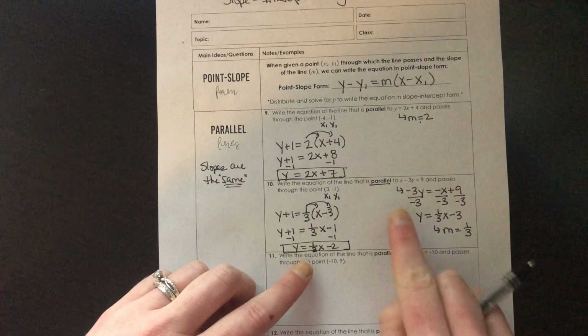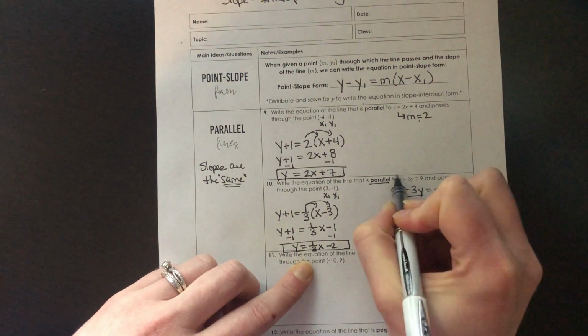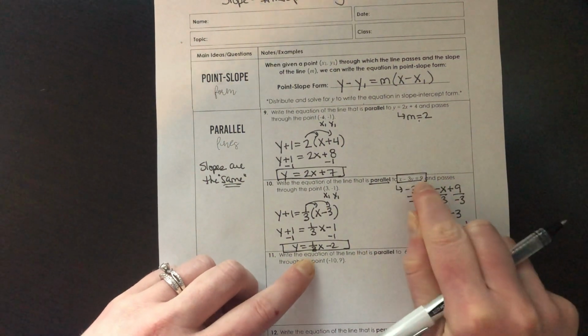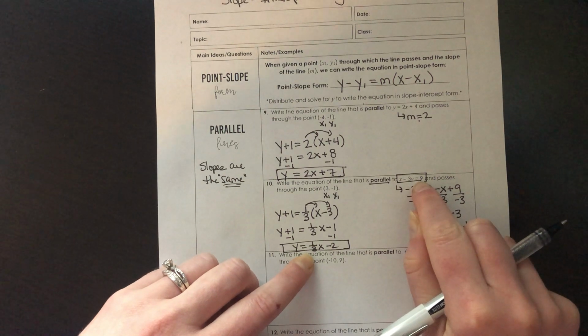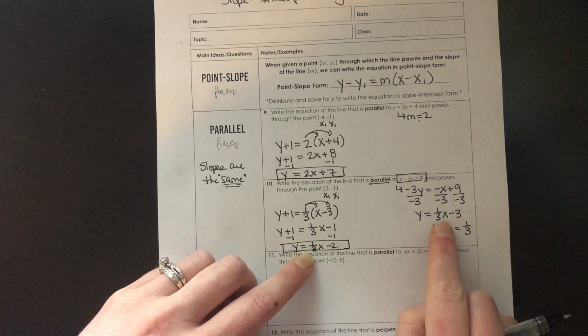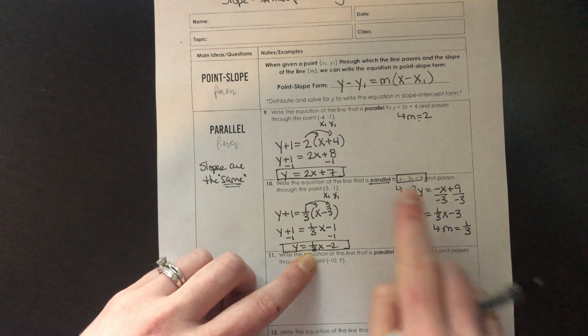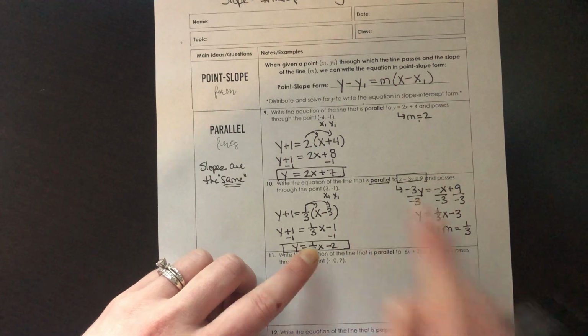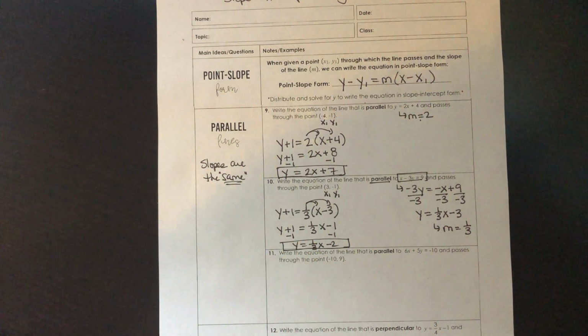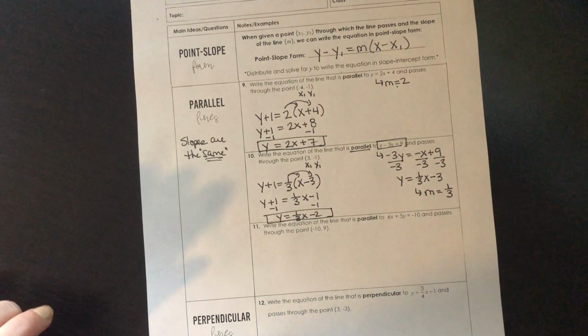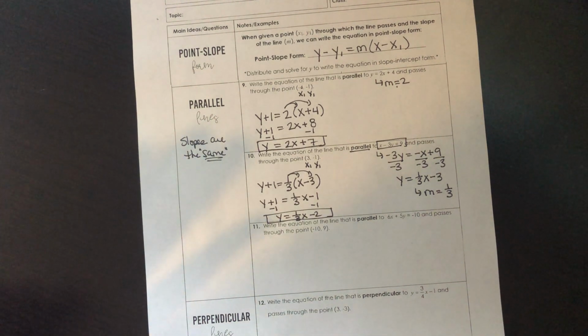So these two equations are now parallel to each other. And I can see that when I solve for y over here, both slopes are 1/3. Slopes are the same, it's parallel, so it checks. All right, so I would like you to pause the video and now try out number 11.